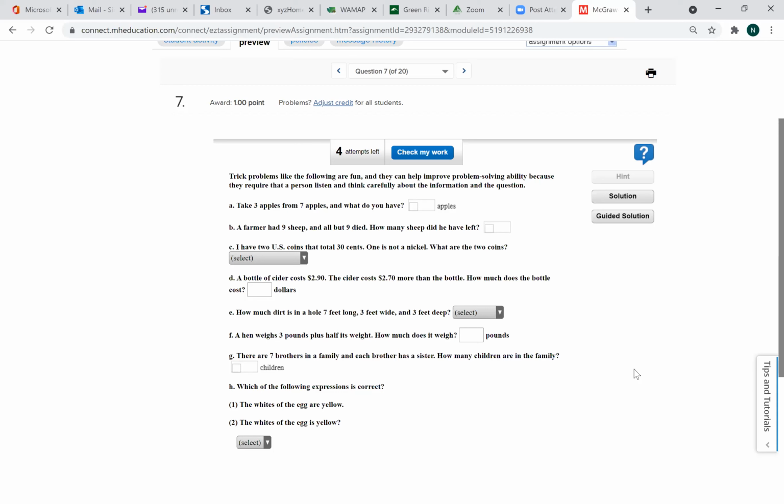So we throw in a variable. But it's hard to think about that. How would you solve that bottle of cider problem with students when they don't know what a variable is? How would you explain that to them? And that's the tricky part, is trying to break that down for them.